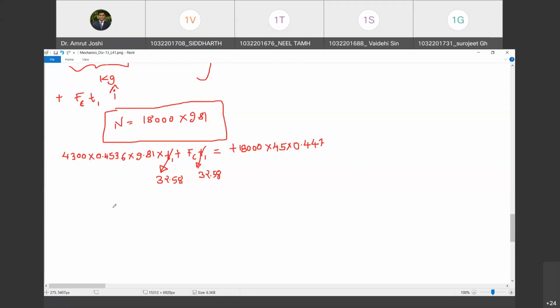18,000 into 45 into 0.447, this minus 4300 into 0.4536 into 9.81 into 32.58. So this is minus 261, this answer divided by 32.58. So just let me know if you have got this answer.